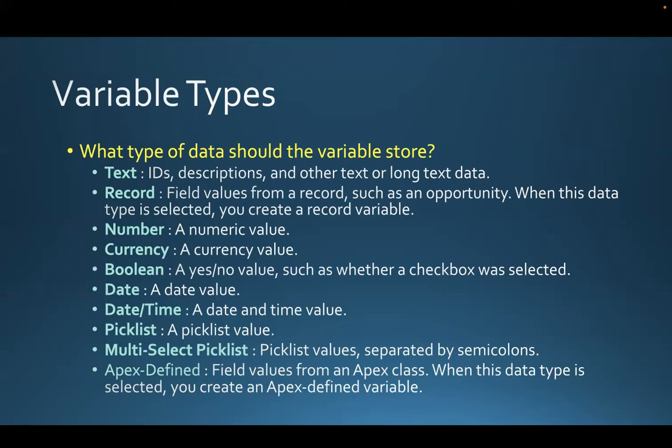We have boolean. In boolean, we can store the values true and false. We have a date, which can store date values. We have date time, we can store date as well as time. Okay, we have a picklist, and then we have an Apex-defined type. So if you have defined any type in your Apex class, you can use that as well.